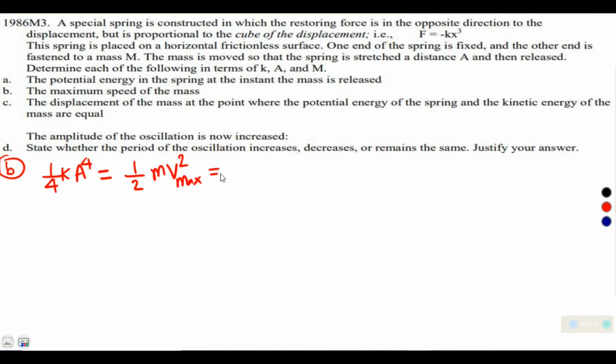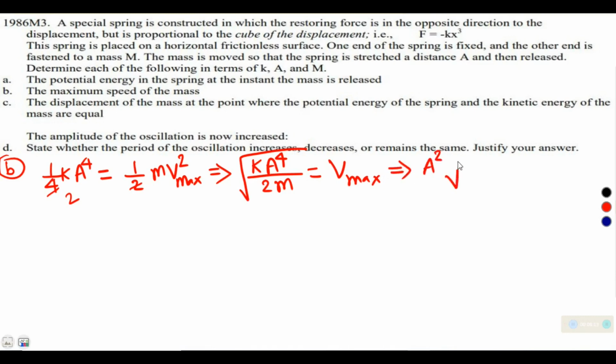When we solve this, the 2 and 2 get cancelled out, so this will be k a raised to power 4 divided by 2m, square root, is equal to v max. This can be simplified as a square under root k upon 2m.